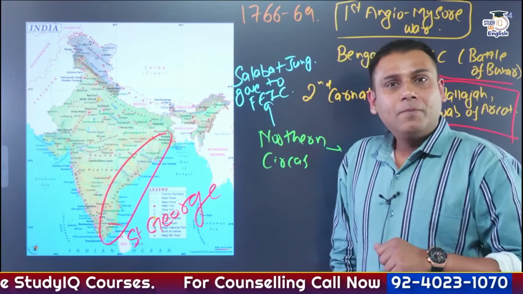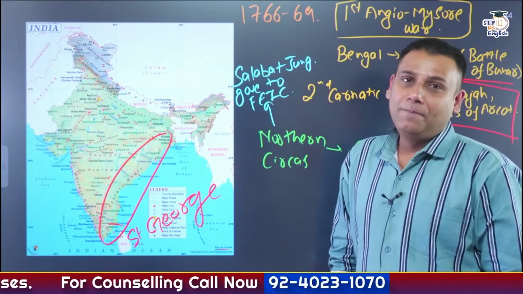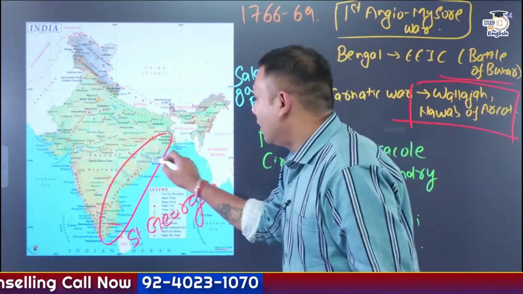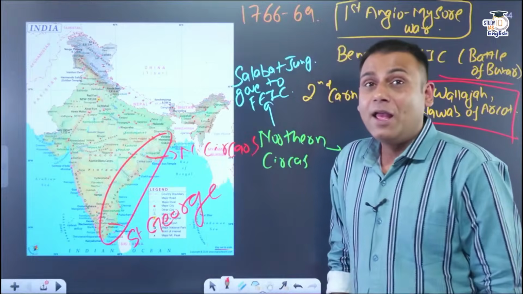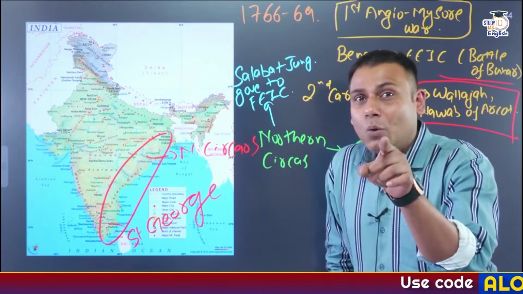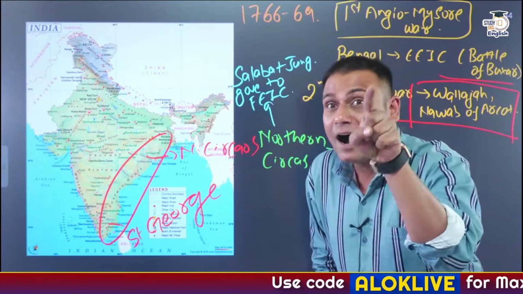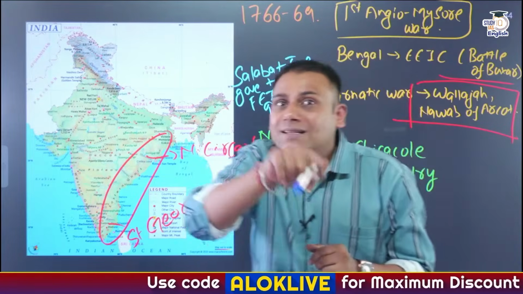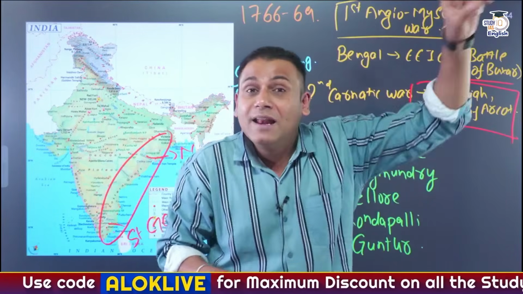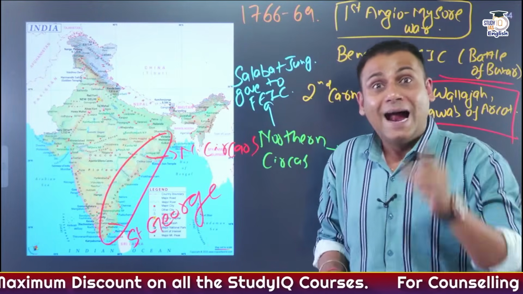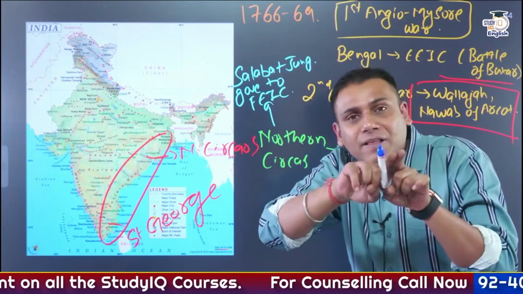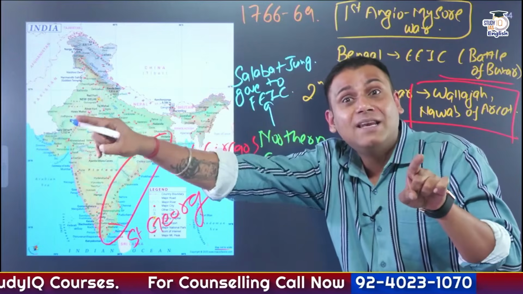But what was the major problem here? The major problem was the region of Northern Sarkars. Why? Because Northern Sarkars was not under the Nawab of Arcot. Northern Sarkars was under the Nizam of Hyderabad, Salabat Jung. And Salabat Jung had given this region to the French East India Company.